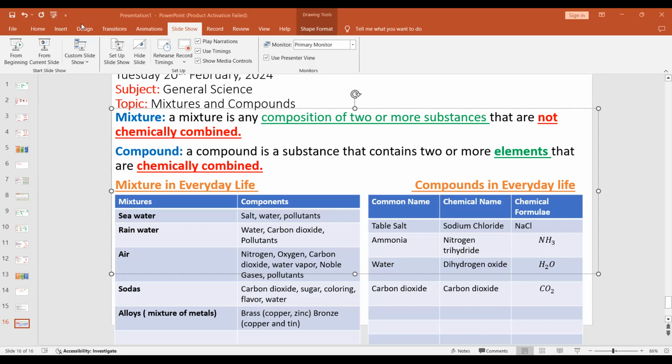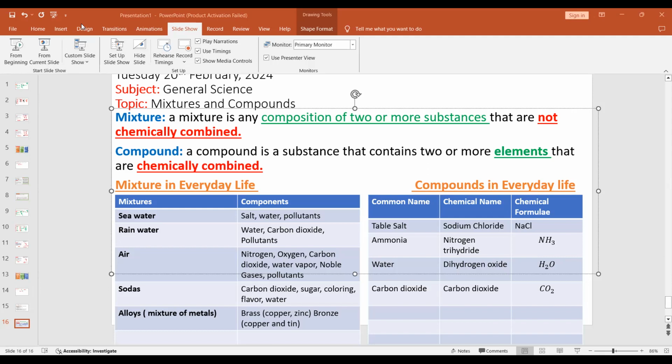Kyle, give me an example of a mixture. Pardon, sir. Give me an example of a mixture. Are you paying attention? Yes, sir. I'm asking you, give me an example of a mixture. Sir, I'm confused. You're confused about what?